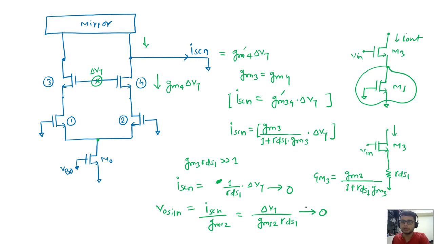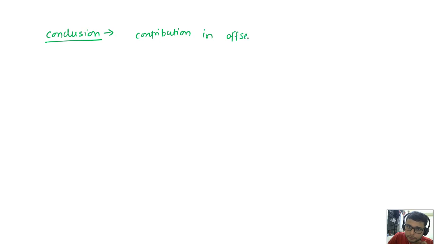So from this discussion we can conclude that the contribution in offset due to Cascode devices is also negligible.